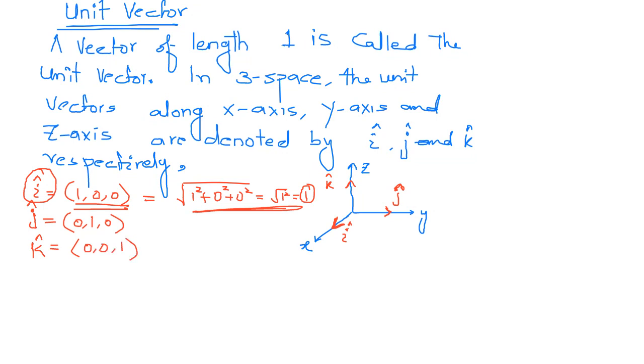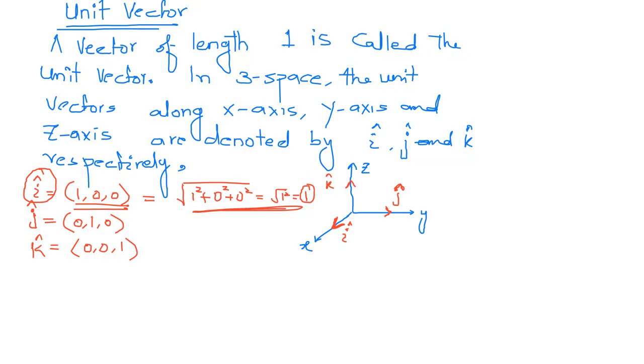And the same for the z-axis, the unit vector is 0, 0, 1. For all these three vectors, the length is equal to 1. So every vector, whatever the vector is, has one unique representation in terms of unit vectors.